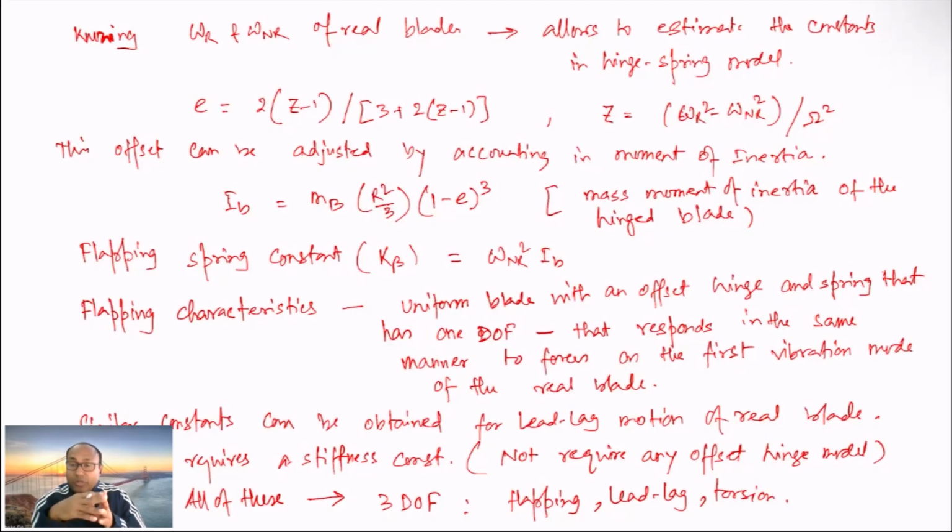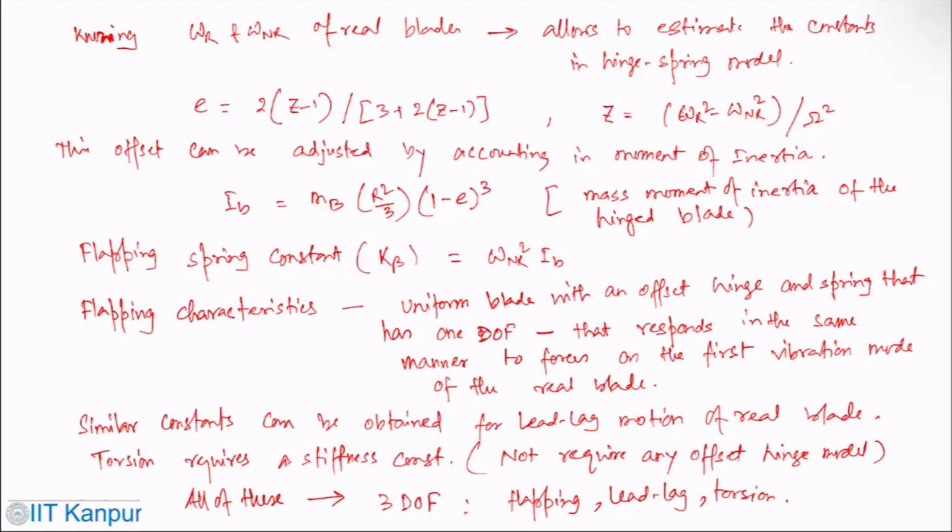Then, if you include the lead lag motion of the real blade, we get some constants. Then torsional stiffness can be included. So with all these, all 3 degrees of freedom would be included, which are flapping, lead lag motion, and torsion, and then we can write the complete equation of the full flapping blade model with free motion.